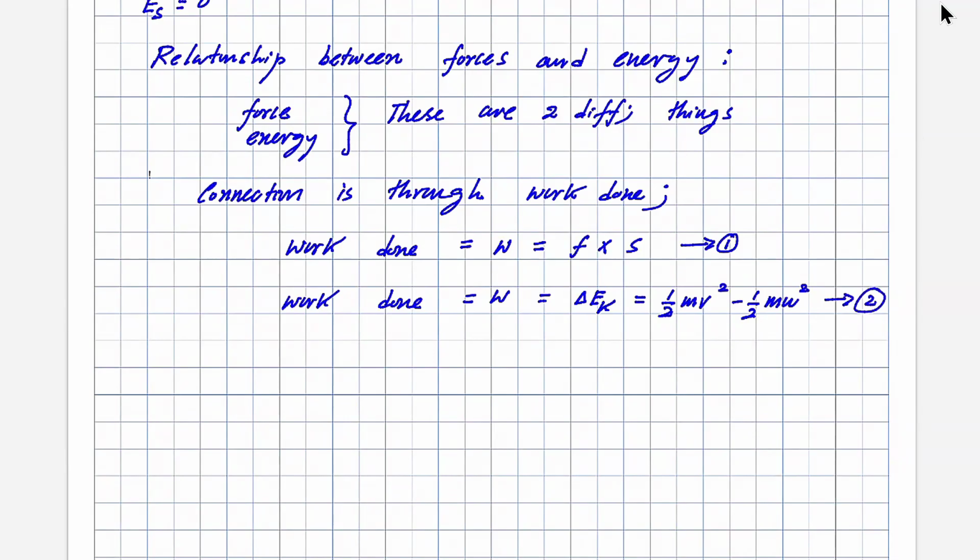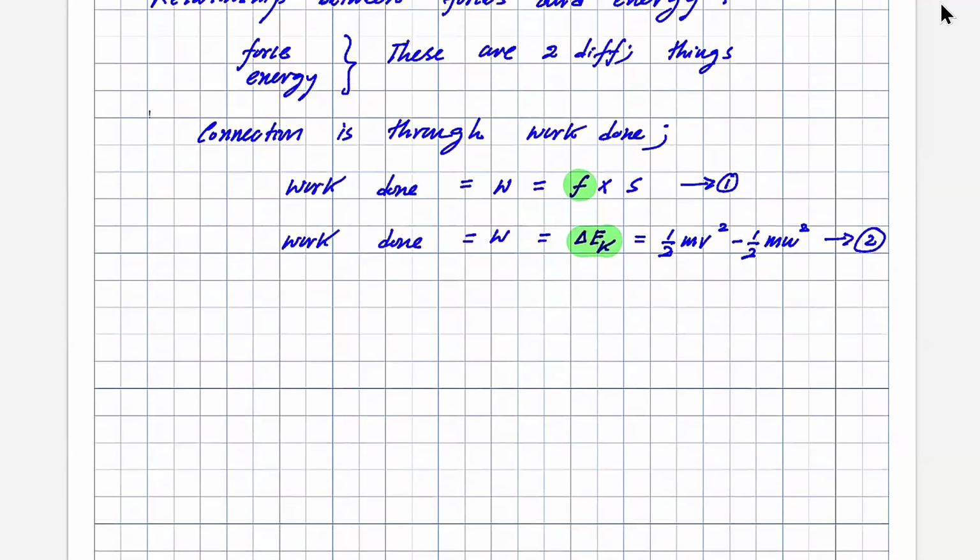So now we define this work done in terms of force and in terms of energy as well, right? So the connection is the work done, you can relate these two.